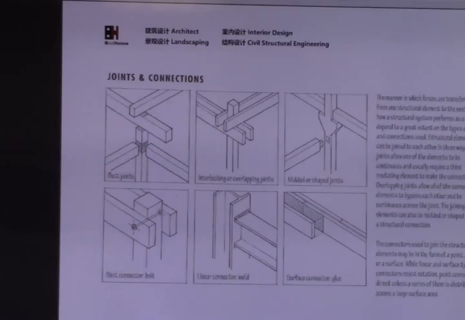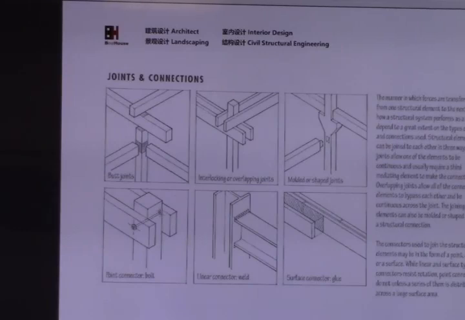One is the moment connection. Another one is the pin connection. Also, for the moment connection, we have two types. One is the bolt connection. Another one is the welding connection.